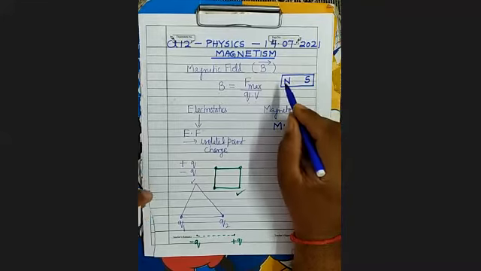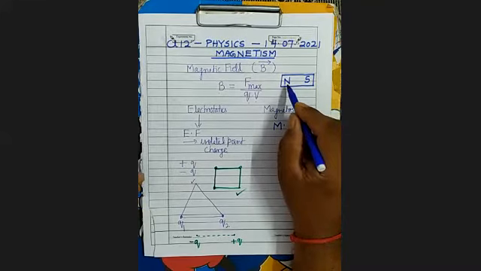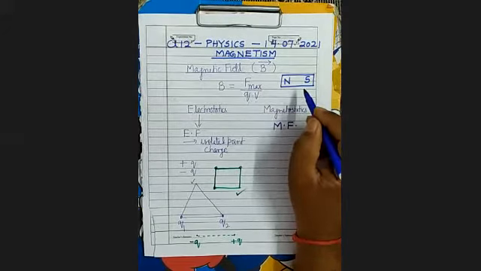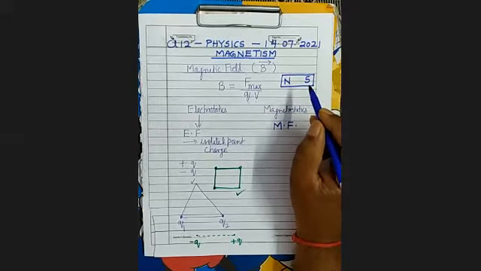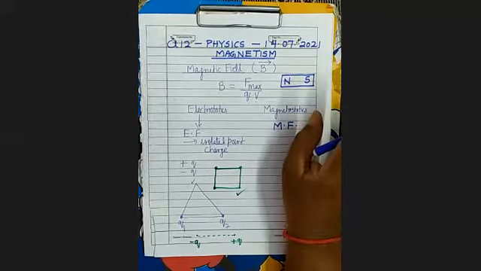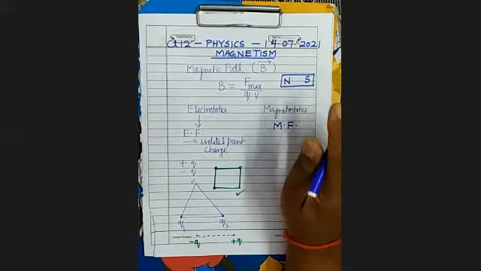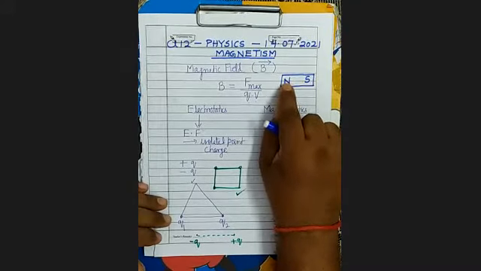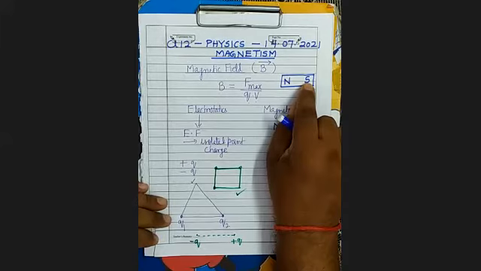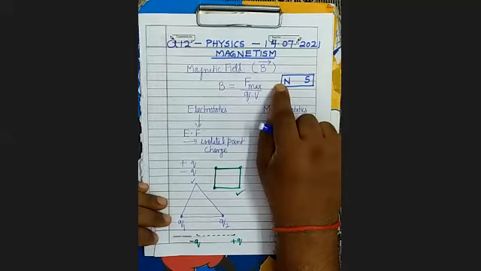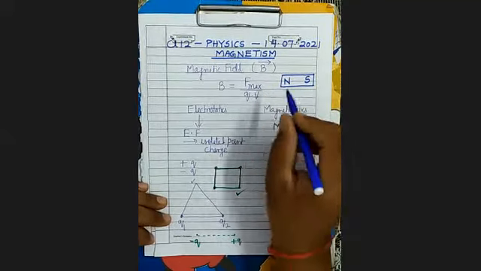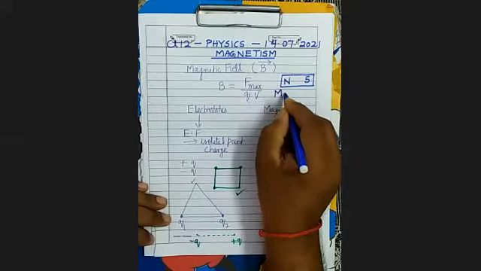Can a north pole alone or a south pole alone produce magnetic field? No, it cannot. Magnetic field is produced only when both poles remain together. And this system in which there are two poles is known as a dipole. Since it is producing magnetic field, what is the other name of magnet?